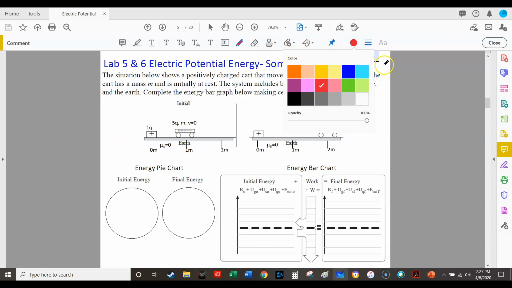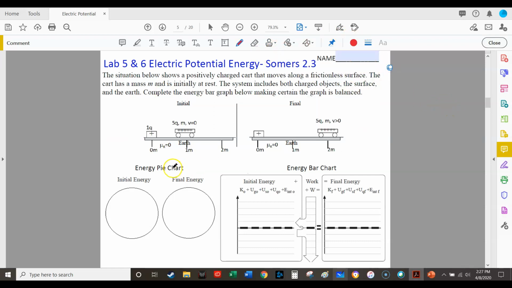Okay. So in the beginning, in this initial pie chart, it's got no velocity, it's not a height off the ground. There is no friction, there are no springs, there are no outside forces. The only thing working on this object is potential energy due to electricity.